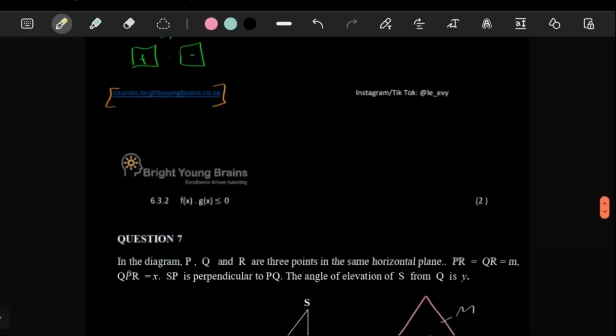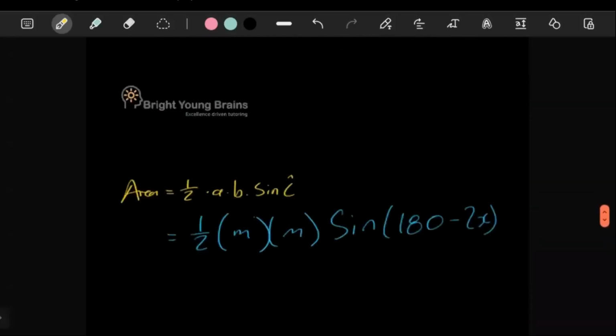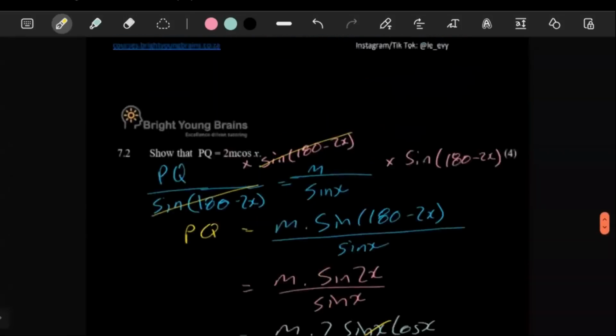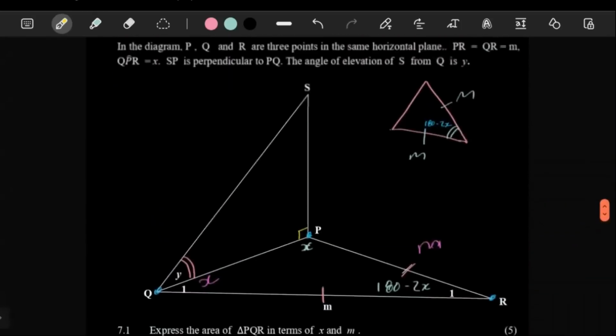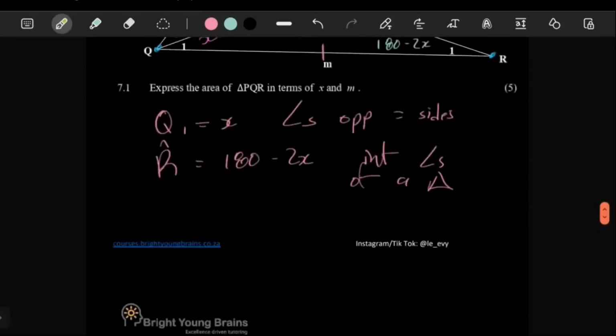Did I just blank out? Seriously, bro? So where are we? You just want to look for SP. SP is this distance. I was literally just drowning in my own thoughts, not even saying the correct thing. It's this line here. If you get the equation of that line, that's not too bad because of PQ. So PQ, what did we get for PQ?